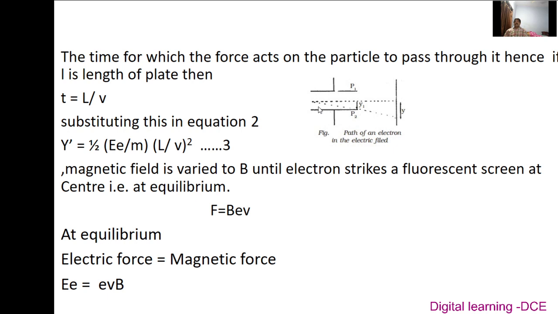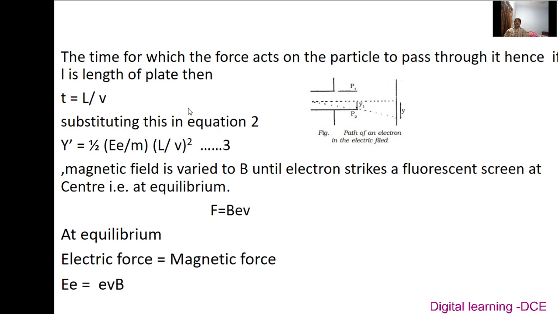In this case, the cathode ray or electron experiences a force equal to Bev, which acts in the upward direction. Now we adjust the magnetic field until the net deflection of the bright spot is zero.